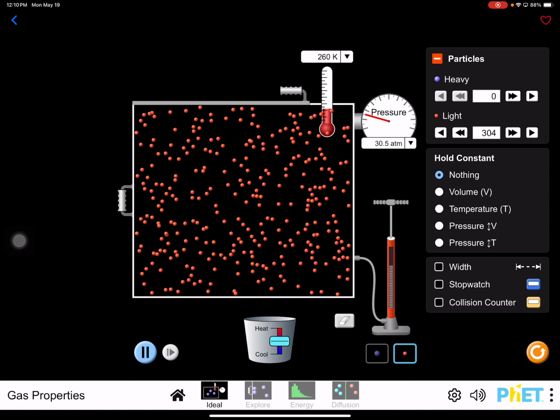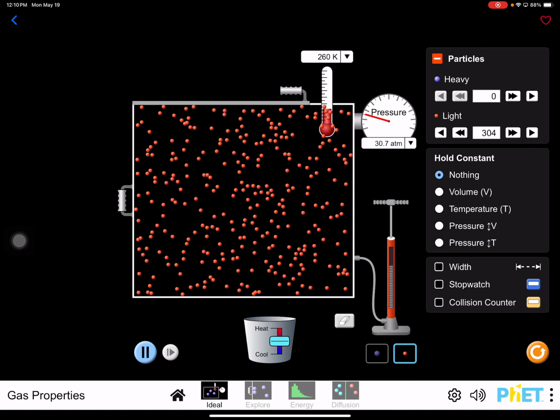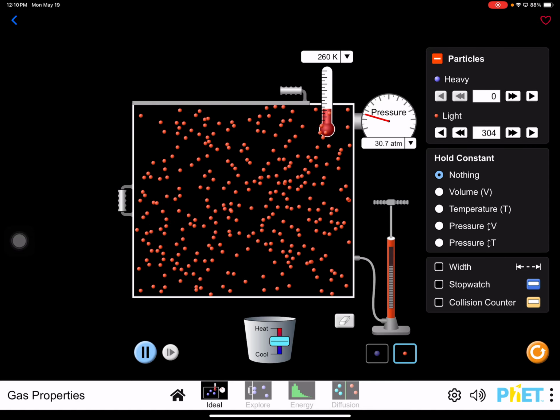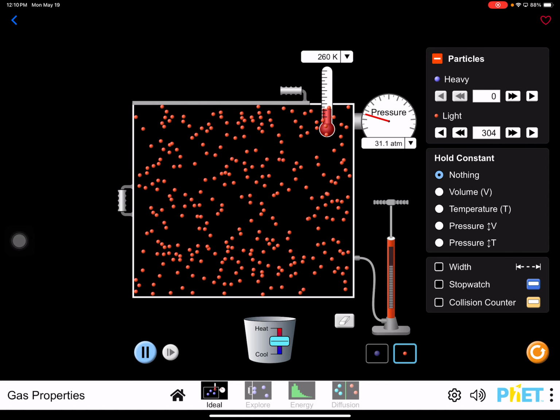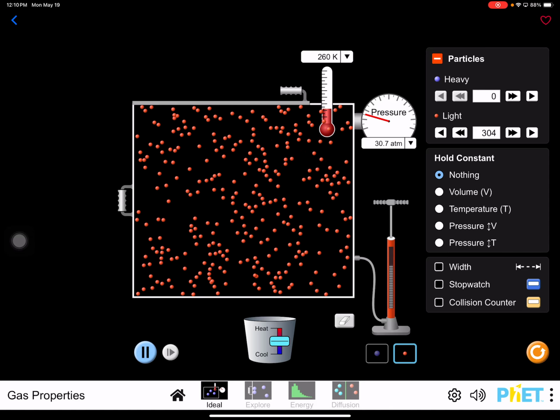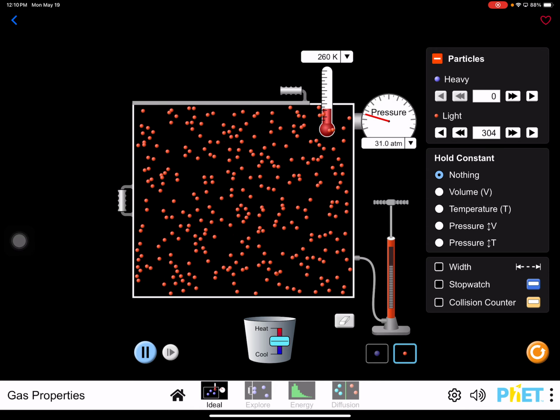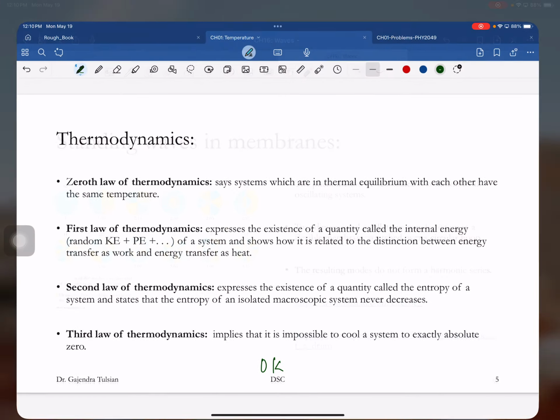Why was the pressure decreasing? The average kinetic energy of the gas dropped. Yeah, so they're not hitting the walls as hard, and the pressure was decreasing. And when all the molecules stop, they're not hitting the walls anymore, and the pressure ought to go to 0. And that's how we discovered absolute 0.